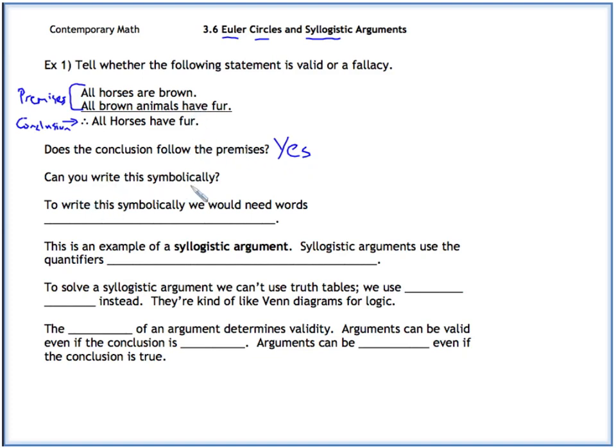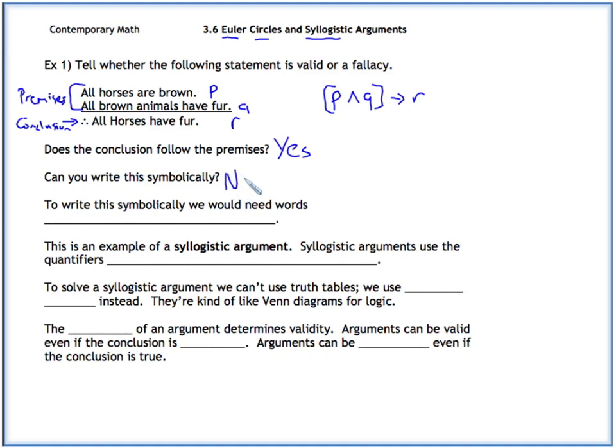Now, can you write this symbolically? Well, when we look at this, all horses are brown, that could be a P statement. All brown animals have fur would be a Q statement. And then all horses have fur would be a third statement, R. In looking at this, if we were to make a truth table, we would say P and Q, therefore R. And if we looked at this, it would be very difficult to come up with a truth table, even though we know this makes sense.